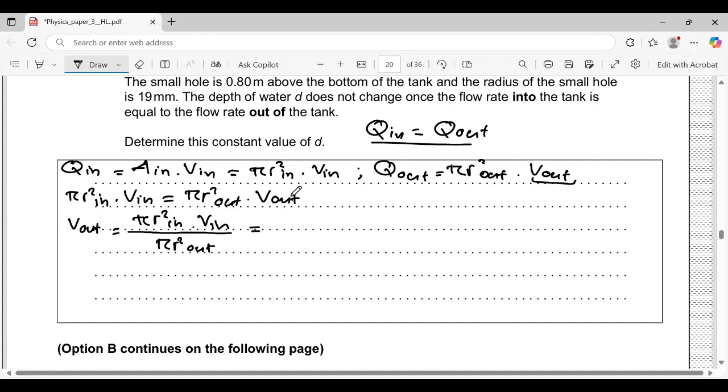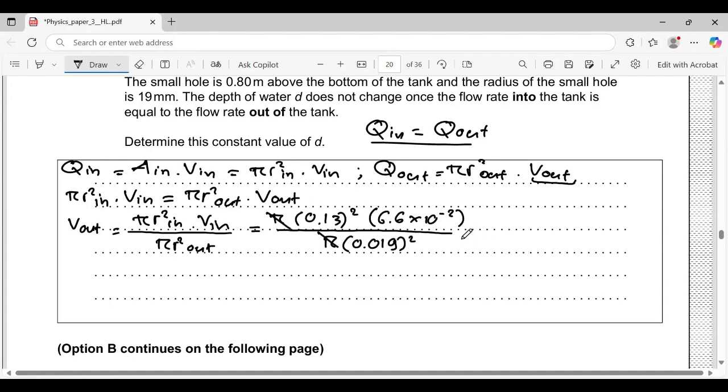If you substitute the information, it is pi times 0.13 squared times 6.6 times 10 to the power minus 2 divided by pi times 0.019 squared.